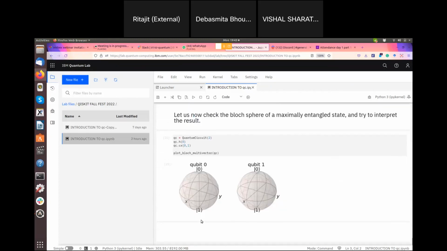So, what happens if we draw the Bloch sphere of a maximally entangled state? You create a maximally entangled state by creating a Bell state, and then we do the Bloch sphere notation, and then we see nothing here. You can try to interpret why there is nothing here, and then you can let us know in this spot if you want. Why is there nothing in this picture? Why don't we see any qubit here at all?